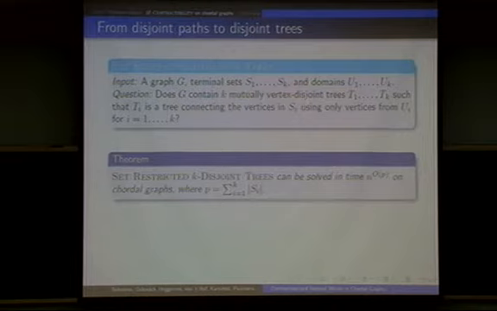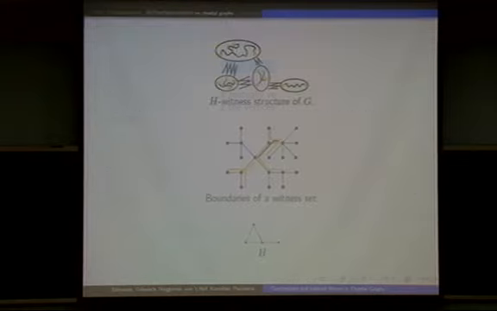The reason why it's good for us is that, since we have bounded the number of leaves, we will have at most little h vertices in each of these sets S1 to Sk. We will have exactly one such set for each witness set, and we have exactly little h witness sets. So we have p bounded by h squared. So we can solve the instances of disjoint trees we get here.